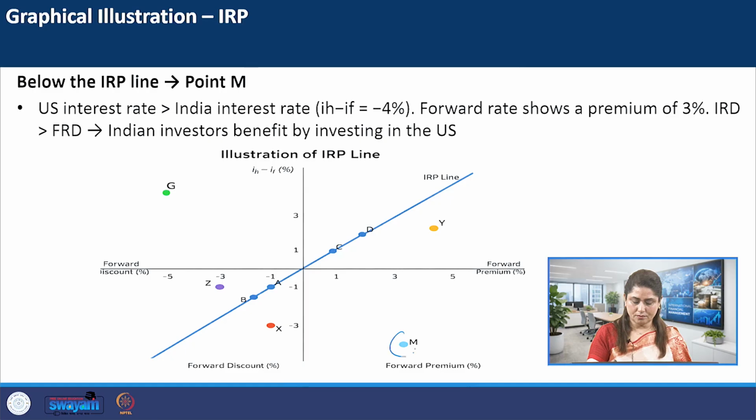Now, let's talk about the point M. At point M, we have a forward premium. The IF, that is the interest rate in USA, is greater than the interest rate in India by 4%.